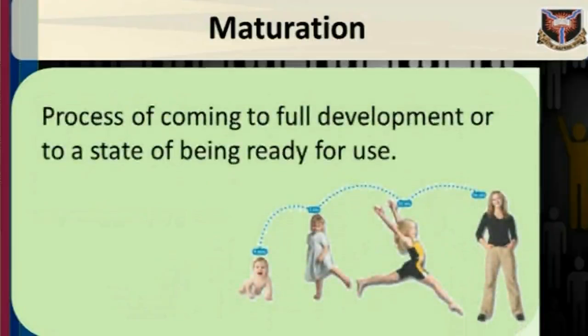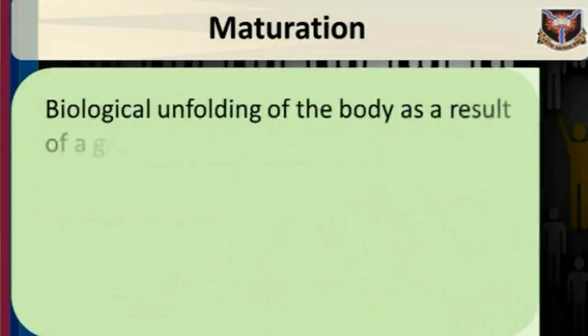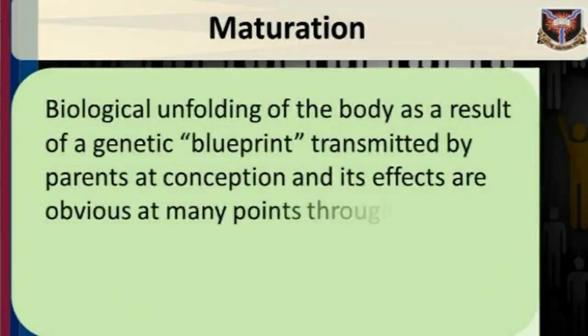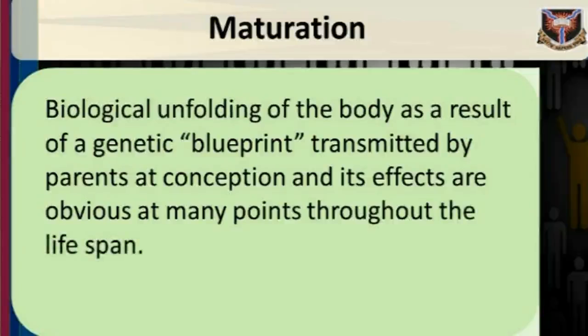Therefore, maturation can be defined as the process of coming to full development or to a state of being ready for use. According to Byrne and Russell, 1998, maturation refers to the biological unfolding of the body as a result of a genetic blueprint transmitted by parents at conception, and its effects are obvious at many points throughout the lifespan.